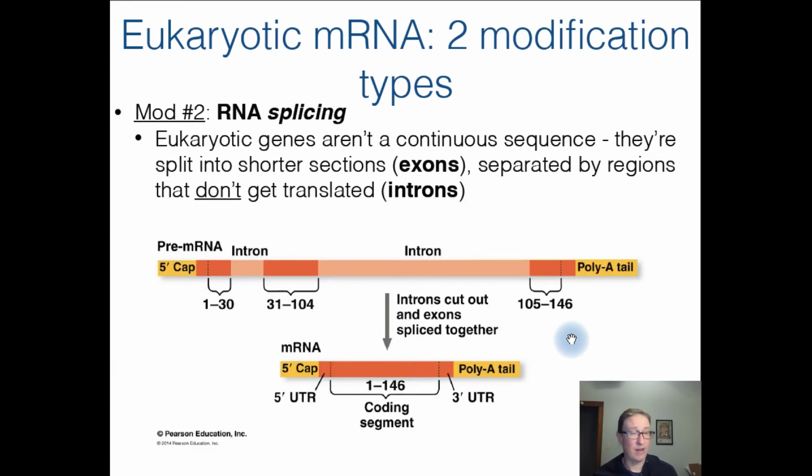The second type of modification is referred to as splicing. A eukaryotic gene is not a continuous sequence. It's split up into a bunch of shorter sections that are separated by regions that don't get translated. The sections that do get translated are referred to as exons, and the sections that don't get translated are referred to as introns.